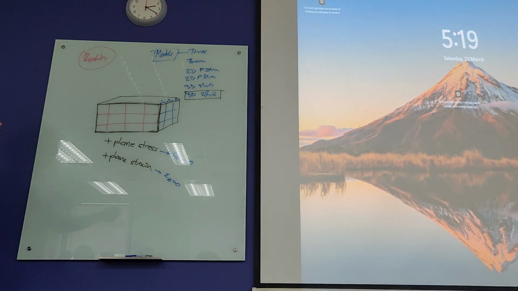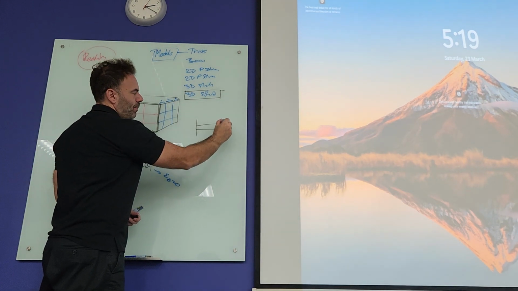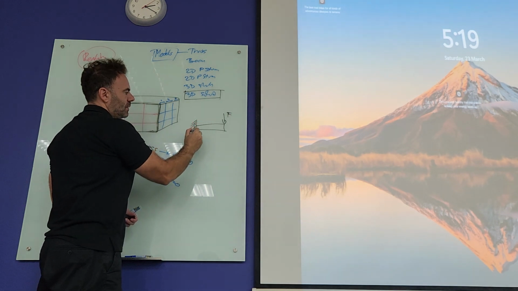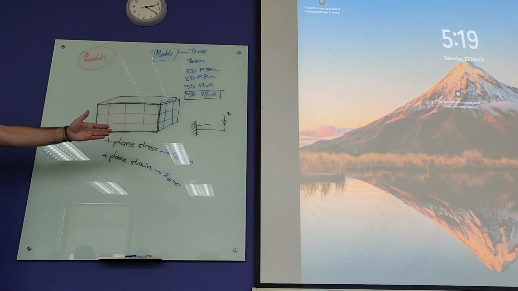Now, if you've got a simple cantilever structure like this, you can use all of those maybe to model it. But the cheapest one would be which one? Beam. Quickest and cheapest.